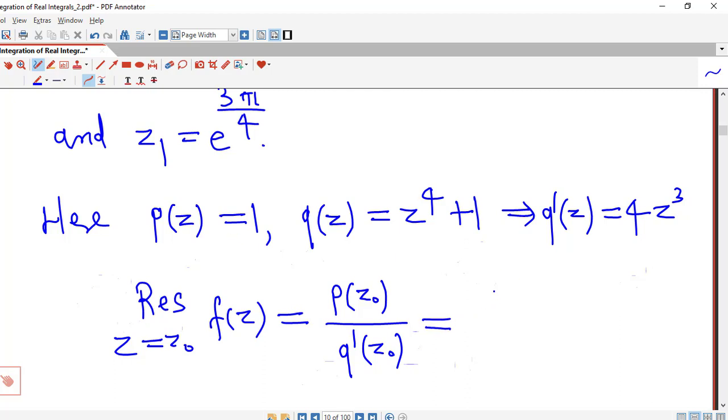P of z is 1, so therefore p of z0 is also 1. Q dash of z is 4 z cube, so this is going to be 4 into z0 raised to 3.